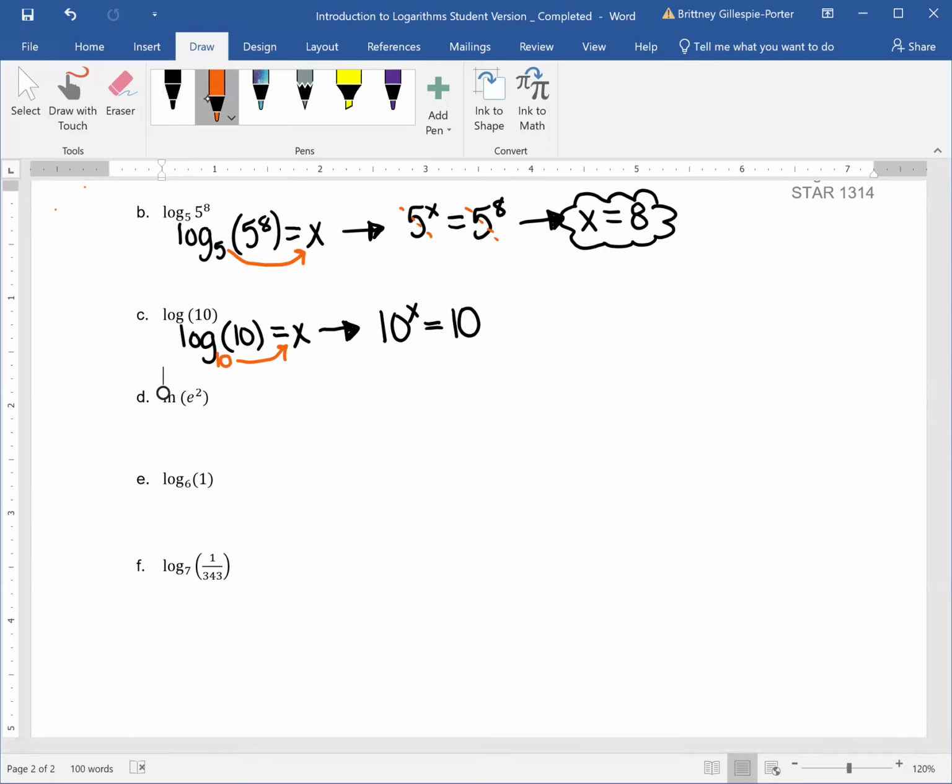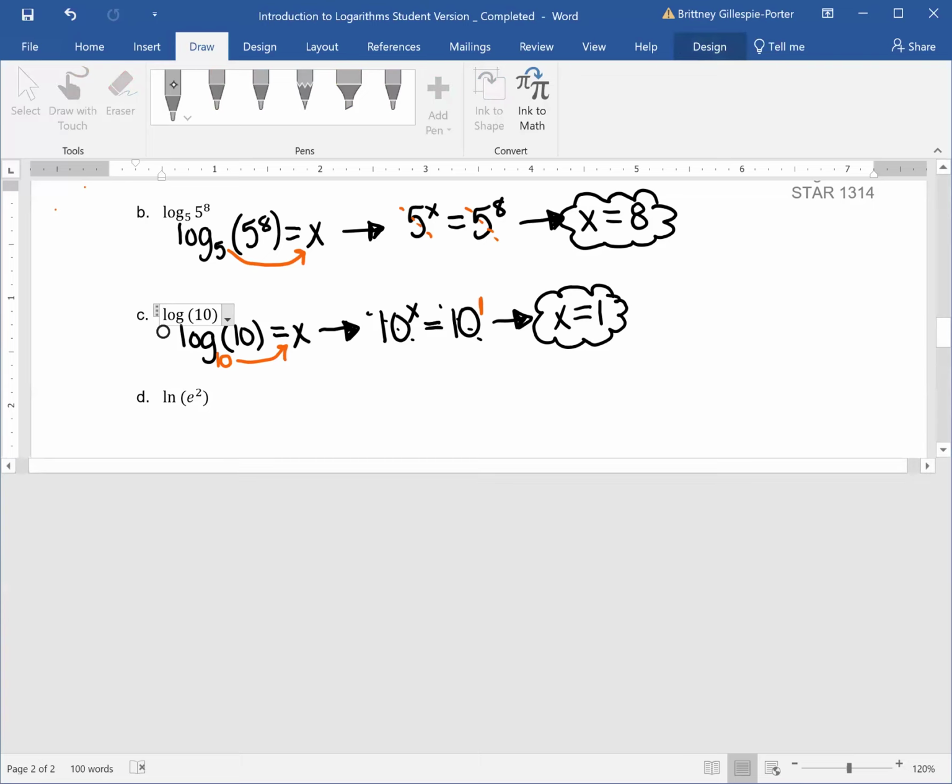And remember, if you don't see the exponent there, it is a 1. Now we have our bases the same, so they go away. And we get x is equal to 1. This again falls into the case of if you have log base b of b, that just equals 1. Another log rule that we had just covered.